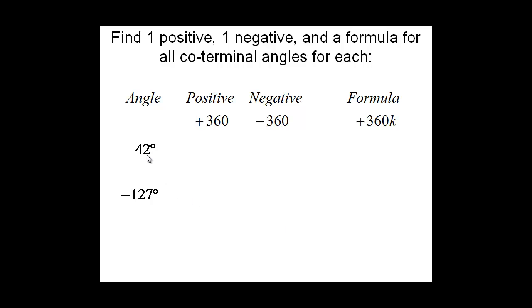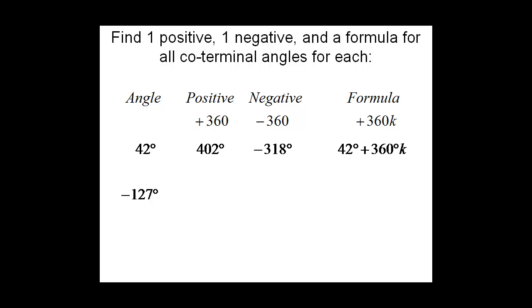So if you have your 42 degrees and you add 360, it makes 402. If you subtract 360, it gives you negative 318. And if you take 42 and add your 360k to get the formula, it'll look like 42 plus 360k.